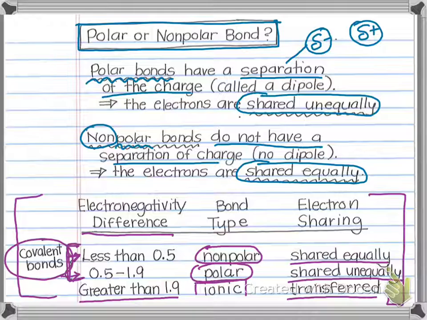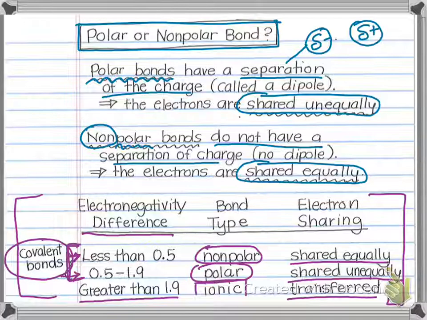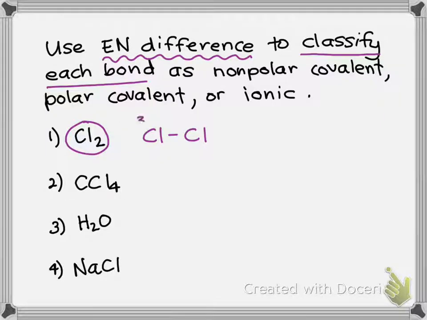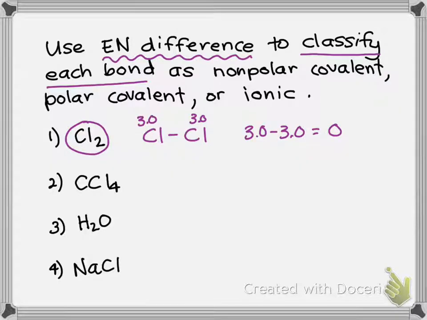So looking back at the table, chlorine is a 3.0. So this has a 3.0 and this has a 3.0. If you take the difference between the two, it is 0. So they have the same electronegativity. Look here, if it's less than 0.5, which 0 is, this is a nonpolar bond. So Cl2 contains a nonpolar bond.